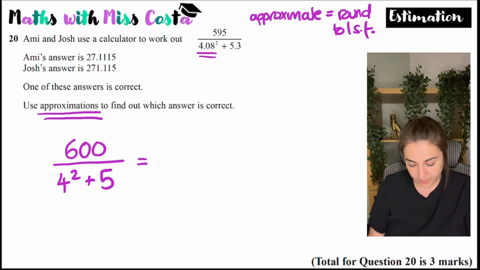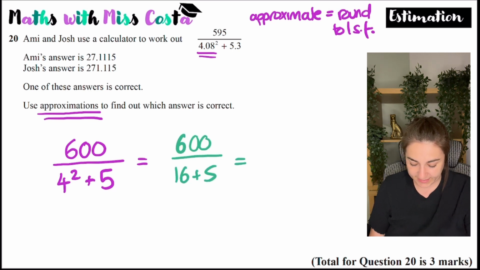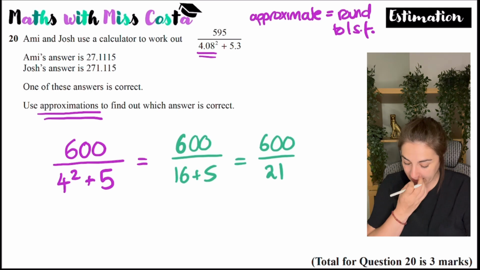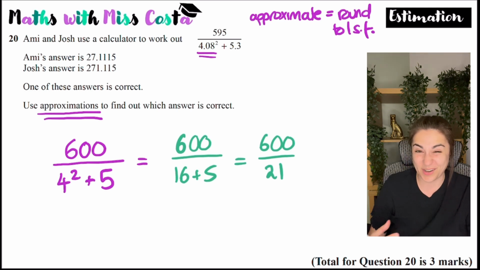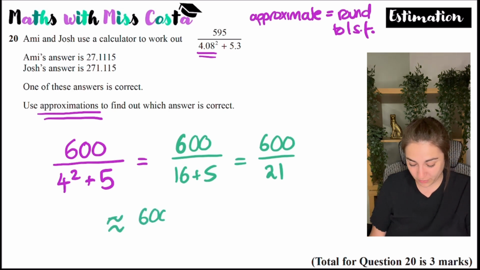So 600 divided by 4 squared. 4 squared is 16. 16 plus 5 is 21. So 600 divided by 21. Now you could use this, or you could also approximate to turn it into approximately 600 divided by 20.